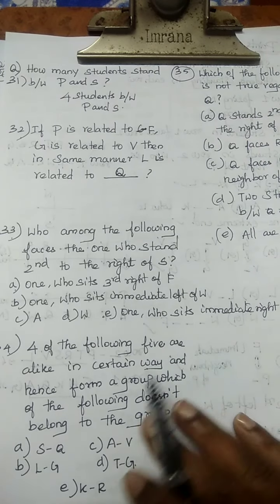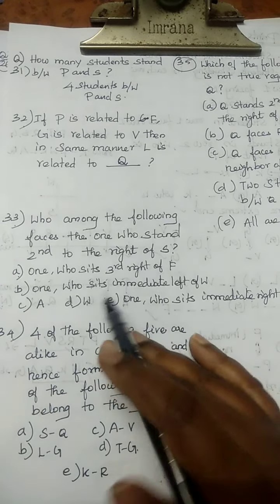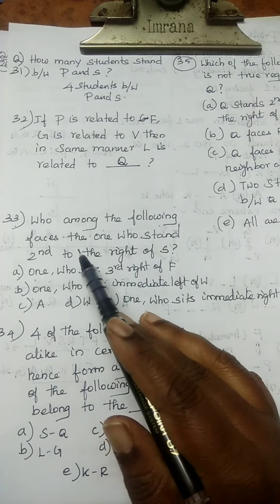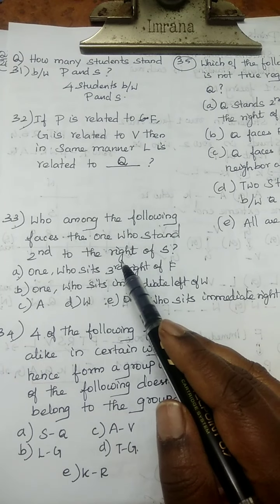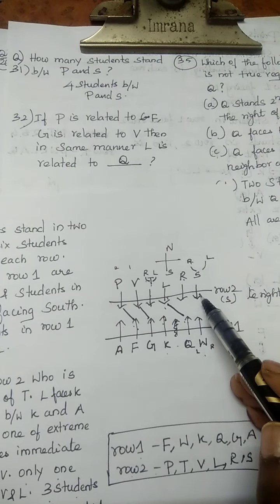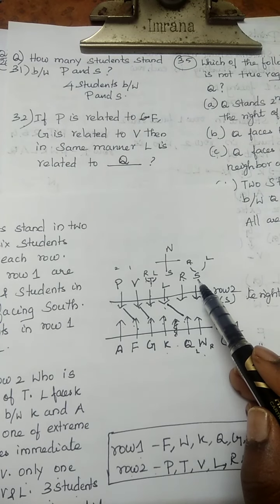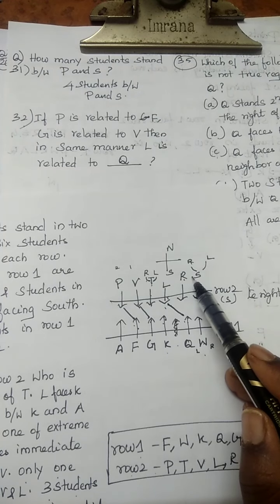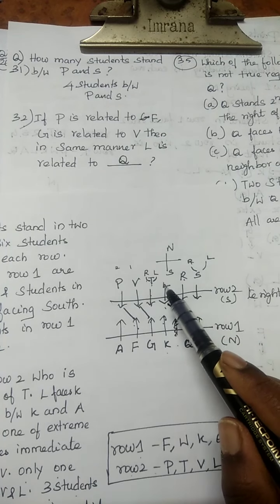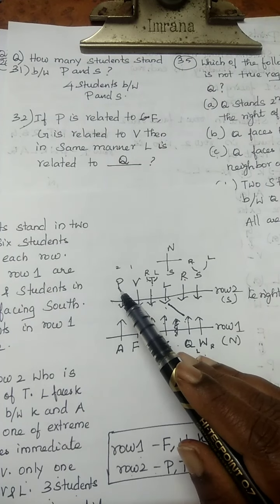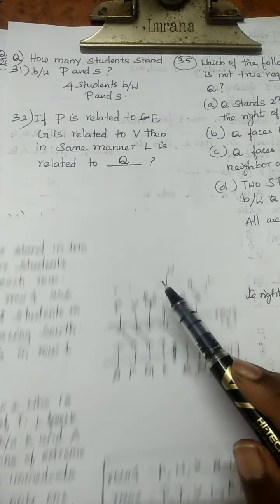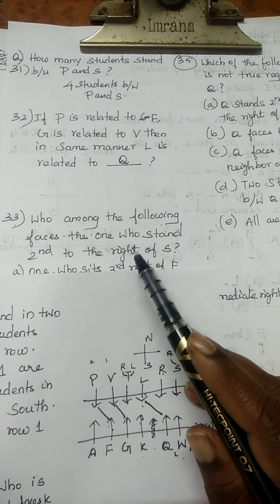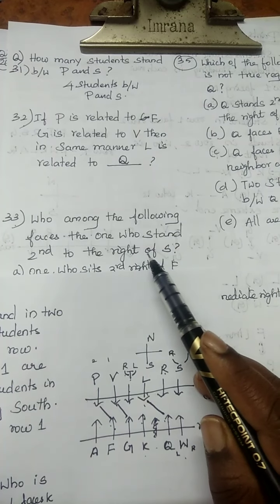Now we are moving to the 33rd sum. Who among the following faces the one who stands second to the right of S? Who is second to the right of S? S is here in row 2. Right of S is R, L, T, P, V. What did they ask here?